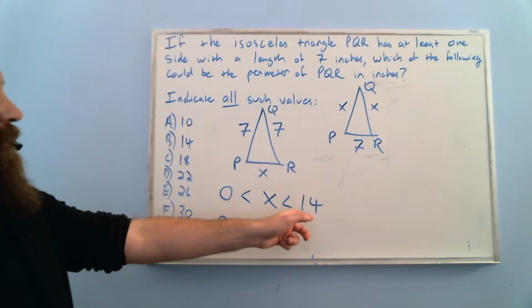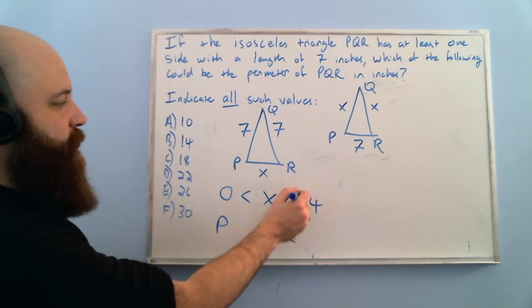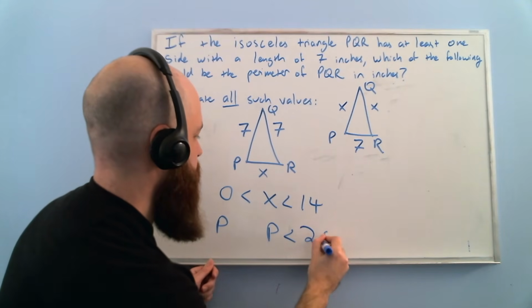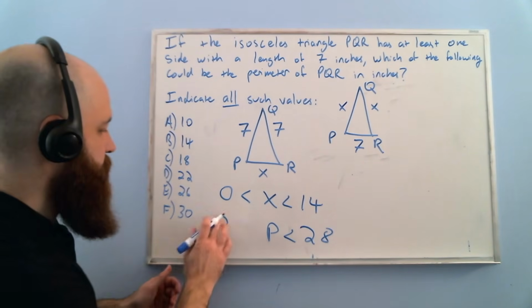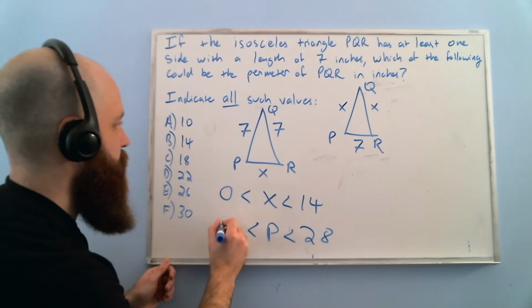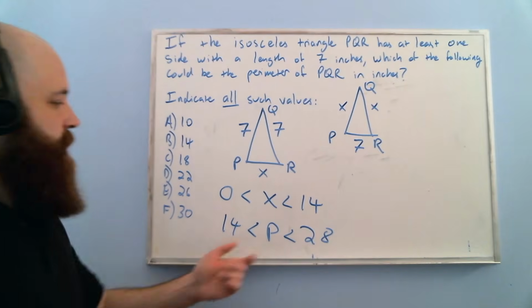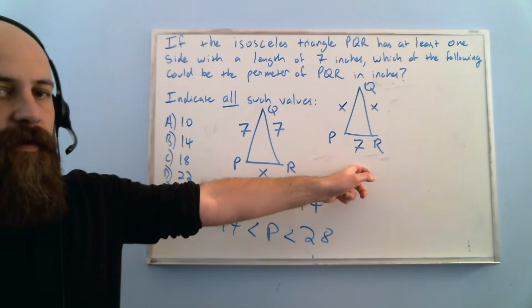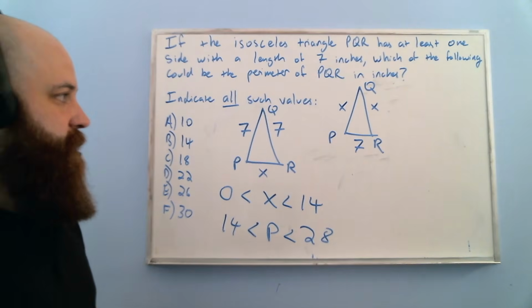Well, the upper limit on the perimeter would have to be 14 plus 7 plus 7, so it's got to be less than 28. And on the other hand, that p has got to be greater than 7 plus 7 plus 0, so greater than 14. Okay, so I've got a range of possible perimeters. Let's do this one, and then we'll be ready to look at the answer choices.